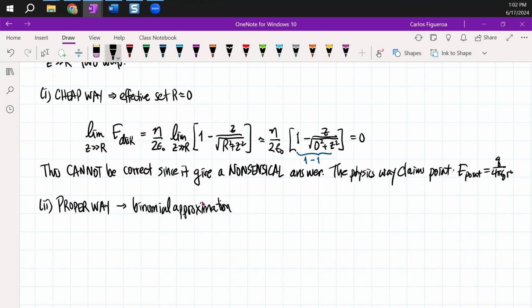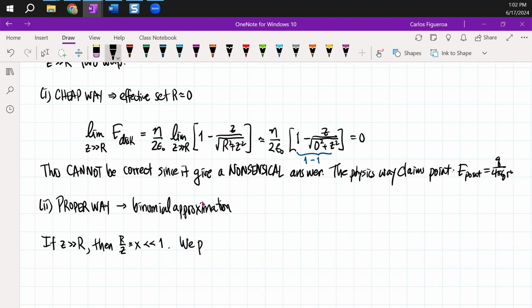As we prepare, we need to really pay attention to the limits. So if z is much, much bigger than r, then I can define r over z, which in the binomial expansion is called x, and that will be less than 1.